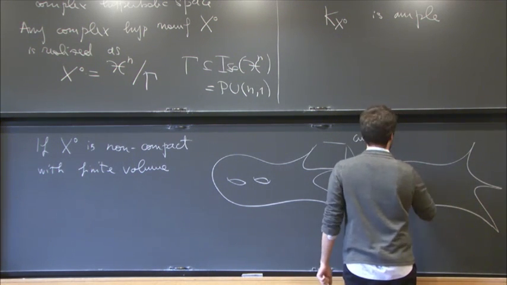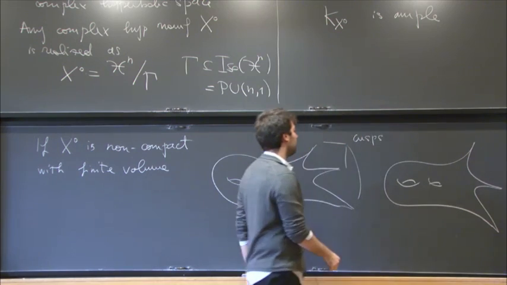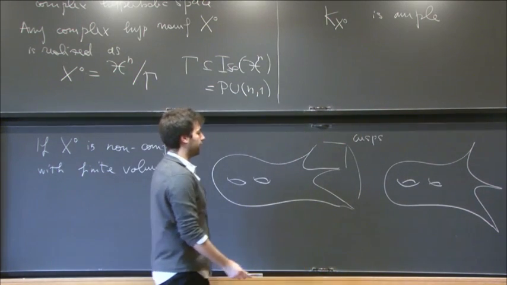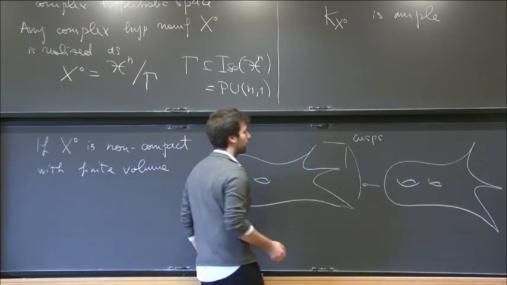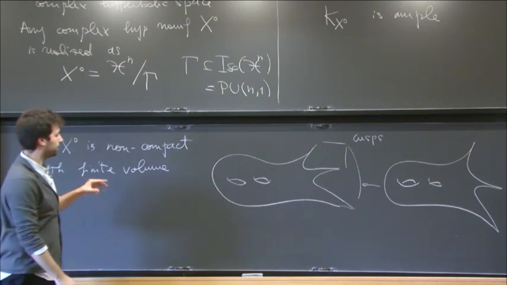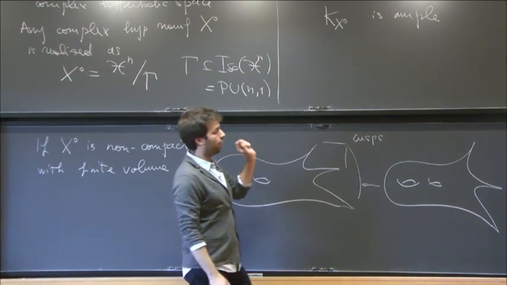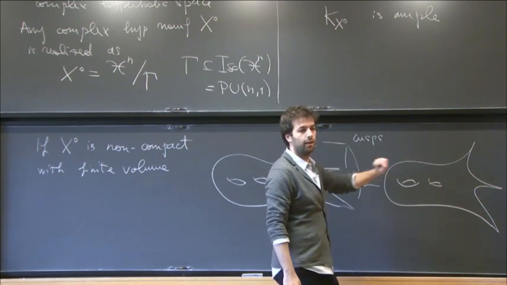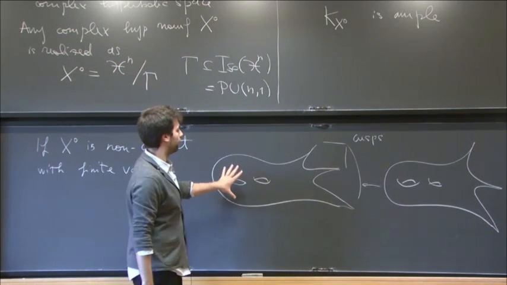This is the Baily-Borel compactification. It basically only adds finitely many points to compactify the variety X naught.